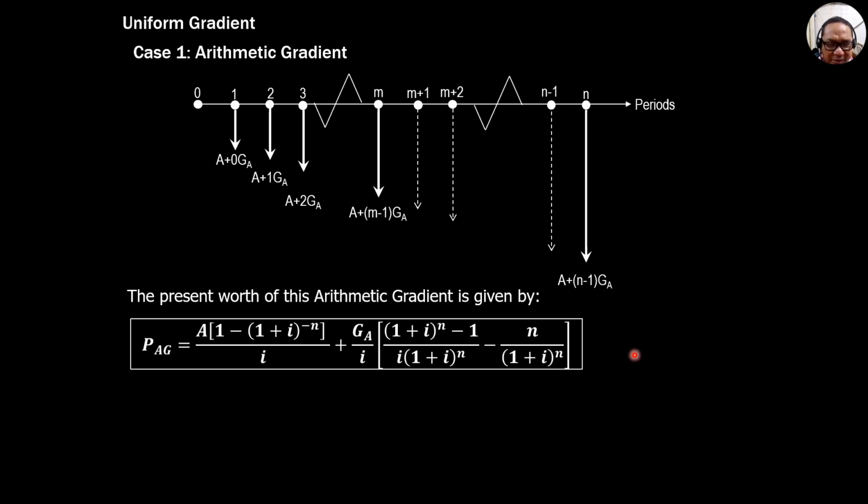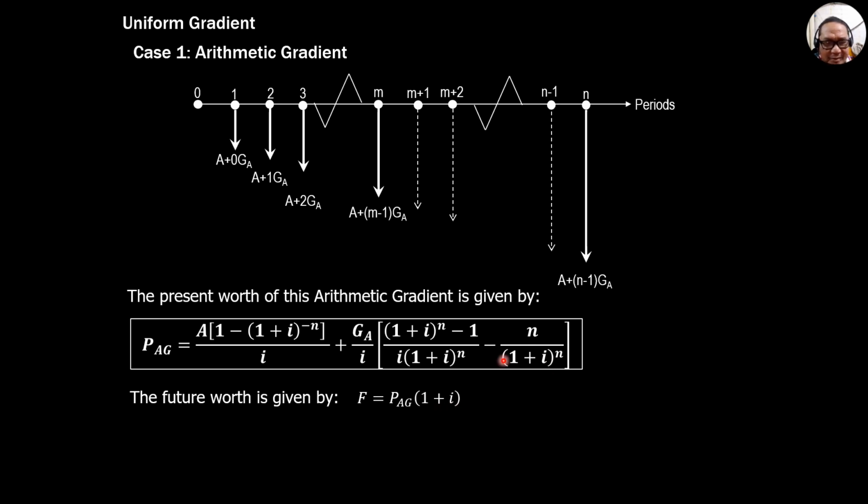If you're going to multiply this by 1 plus I to the n, then the formula becomes A over I times quantity 1 plus I to the n minus 1, then plus G sub A over I. 1 plus I to the n will be cancelled, so G sub A over I quantity 1 plus I to the n minus 1 over I, then minus n. That would be the future worth.